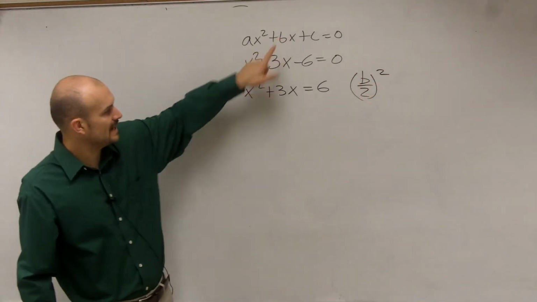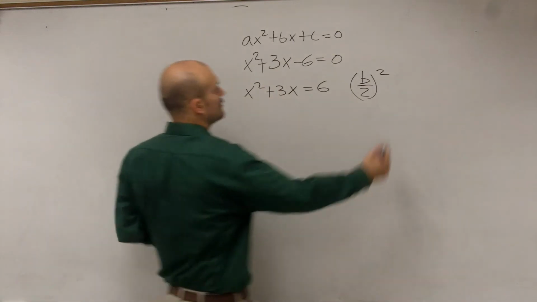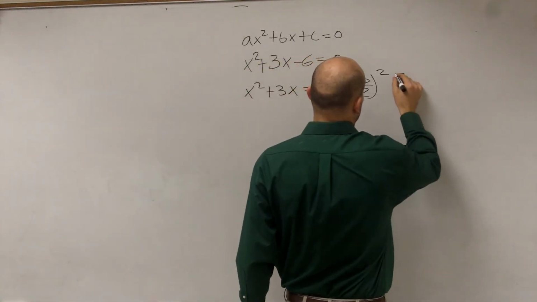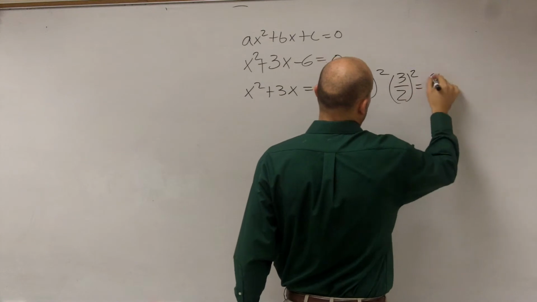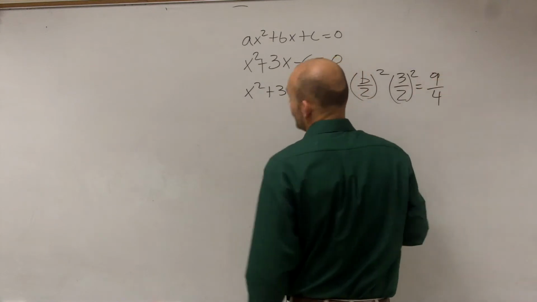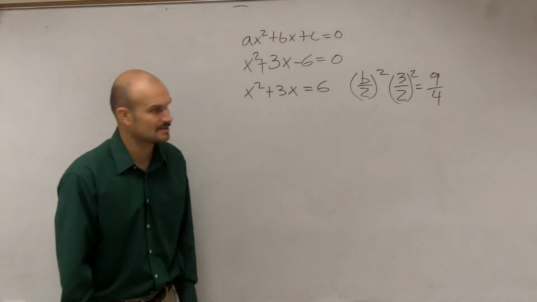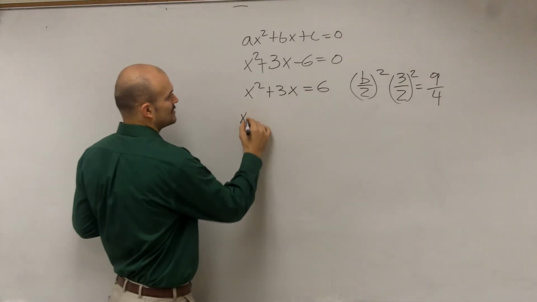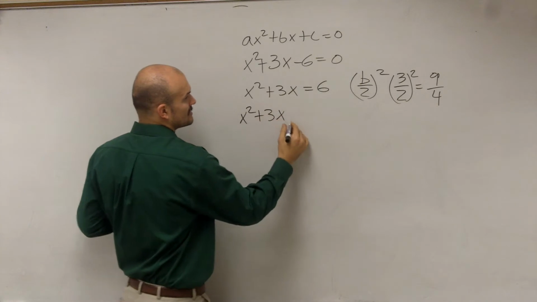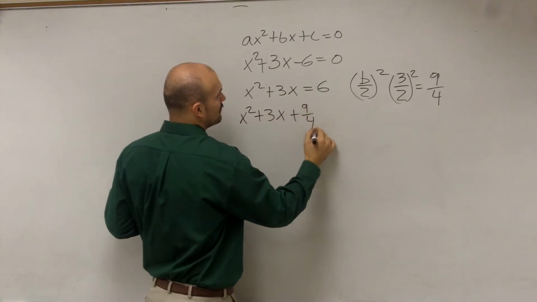Your b in this case is 3. So you do 3 divided by 2 squared, which equals 9 over 4. Again, I remind you, do not convert to decimals. So we have x squared plus 3x plus 9 over 4.